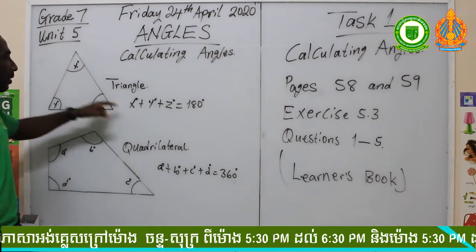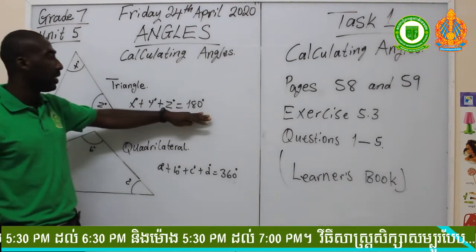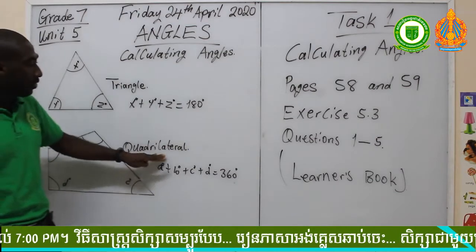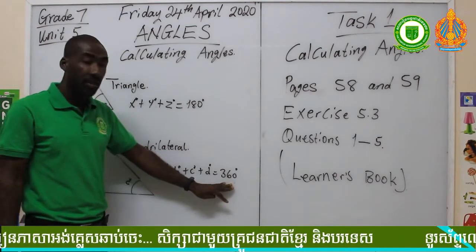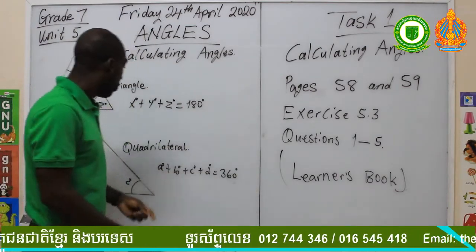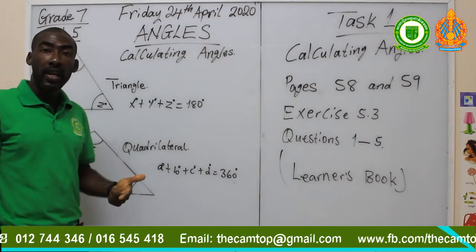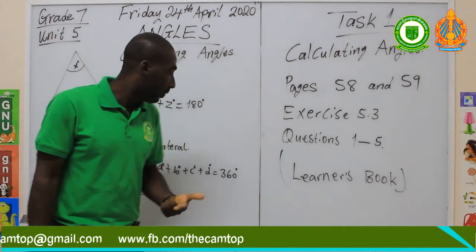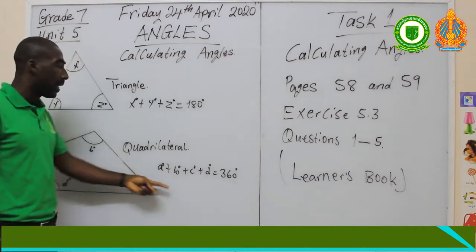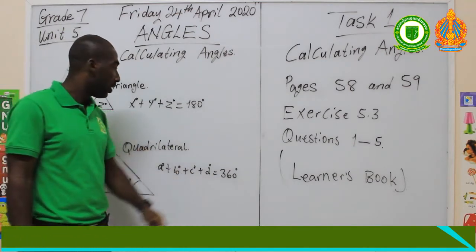With a triangle, you have a total of 180 degrees. With a quadrilateral, you have 360. Your quadrilateral can be a square or a rectangle, and they all add up to 360 degrees.